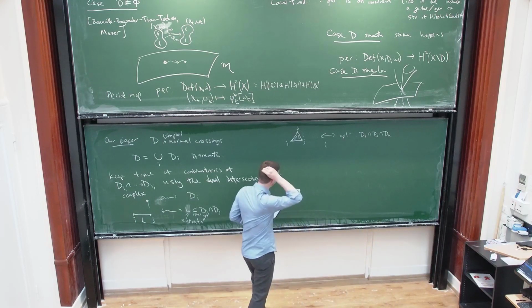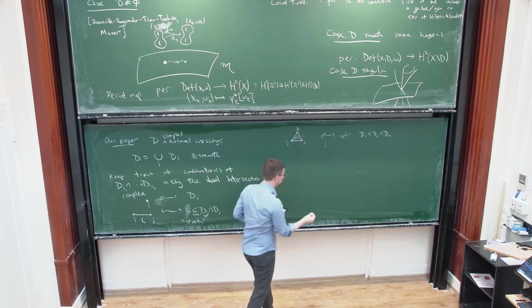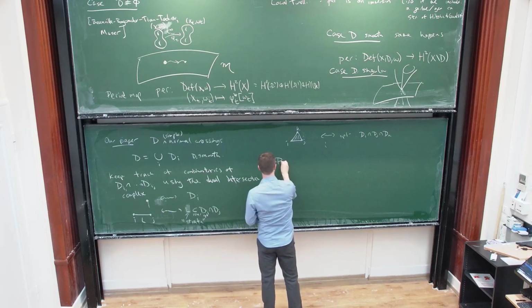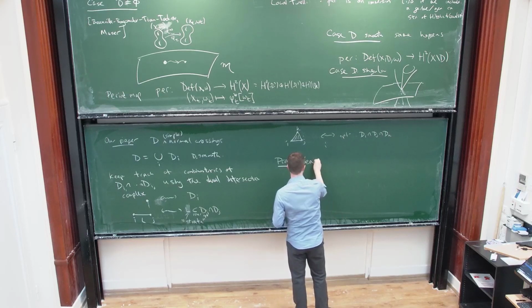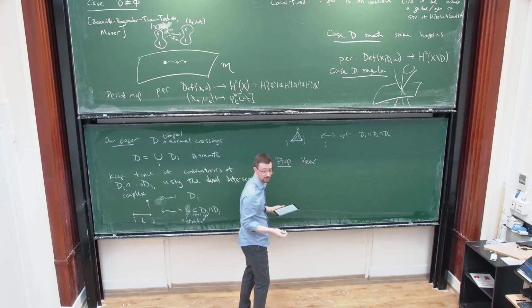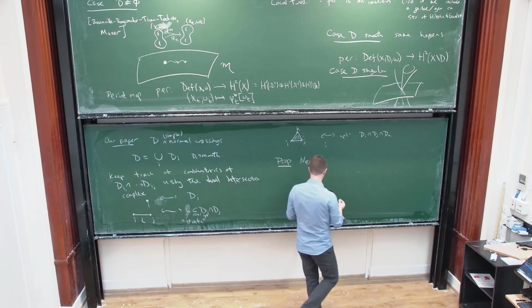So let me explain what these things look like locally. They're kind of similar to these toric examples. You can think of this as the analog of the Darboux theorem for these normal crossing structures.